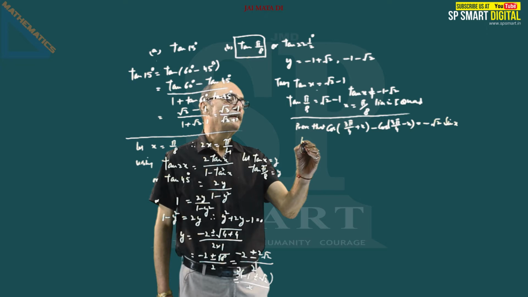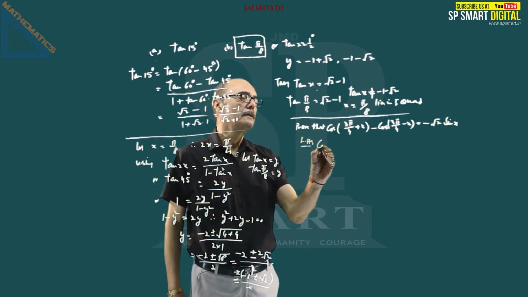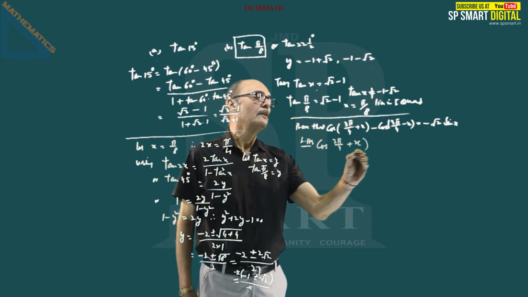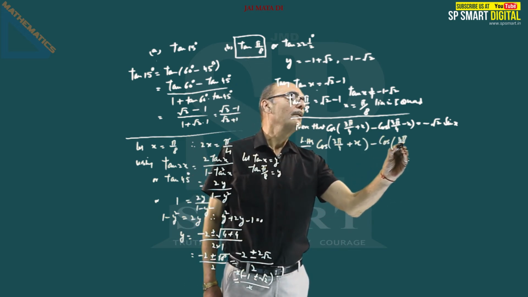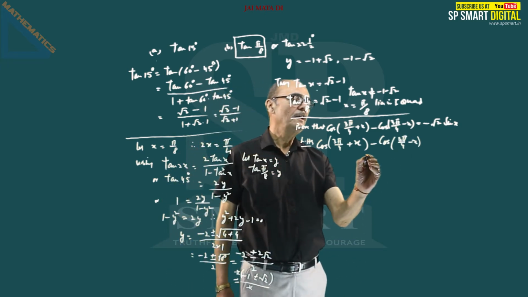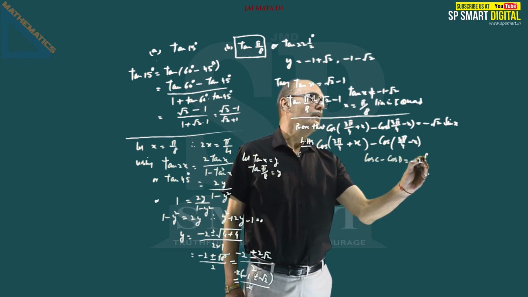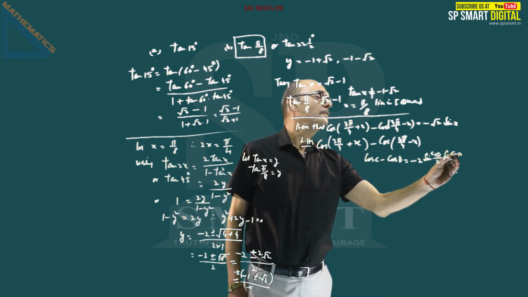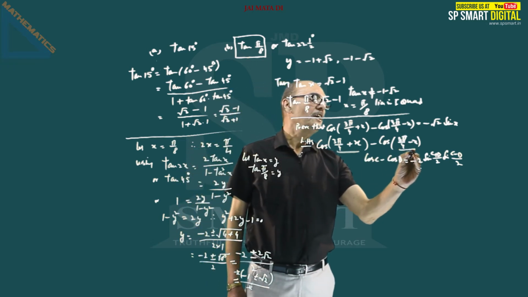So, you take the left hand side. Left hand side is cos of 3 pi by 4 plus x minus cos of 3 pi by 4 minus x. Use the formula cos c minus cos d as minus 2 sin of (c plus d) by 2 sin of (c minus d) by 2. Treat this as c and this as d.